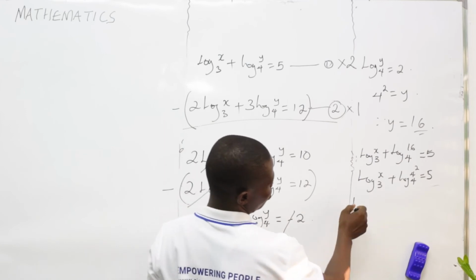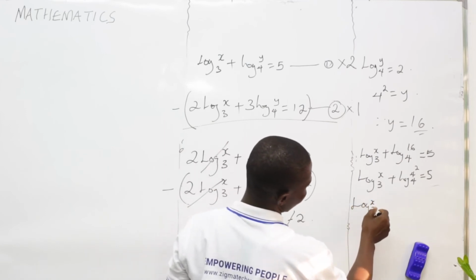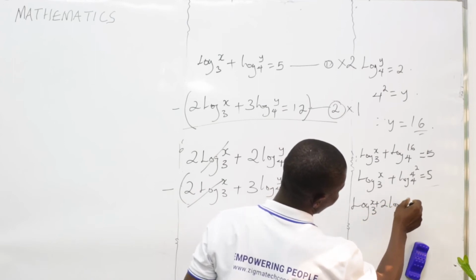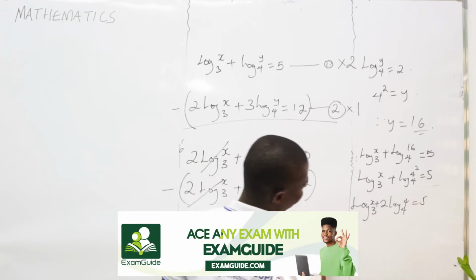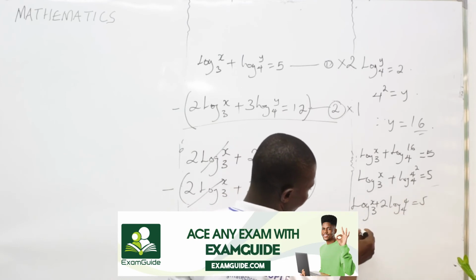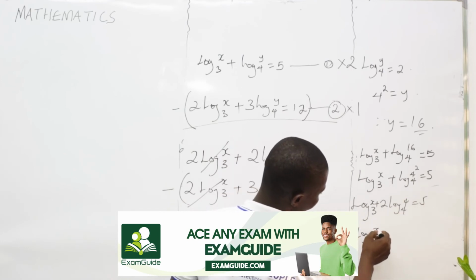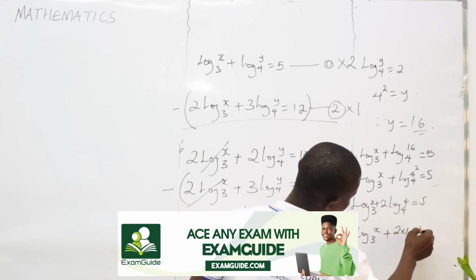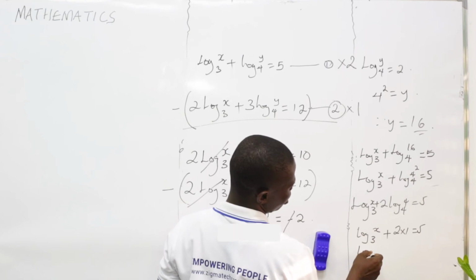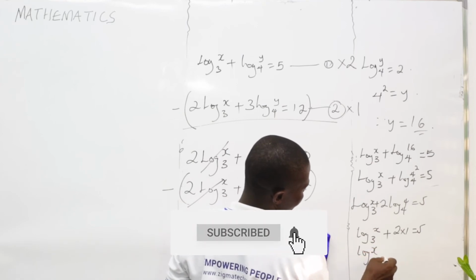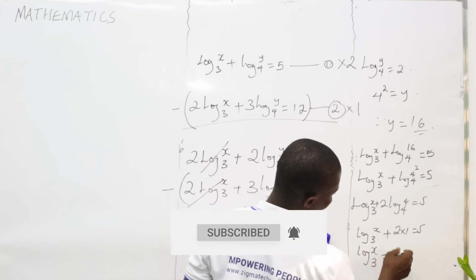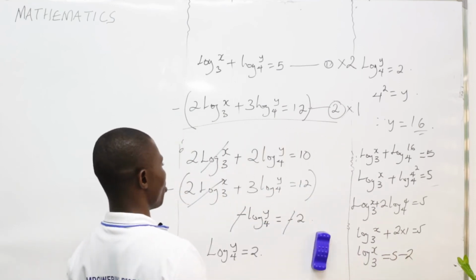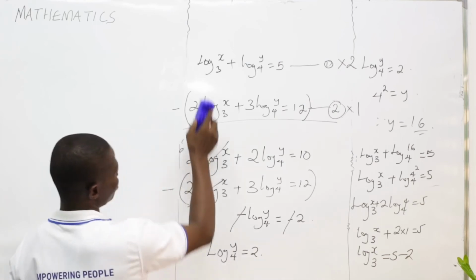So we'll have log x base 3 plus 2 log 4 base 4 equals 5. Here automatically is 1, as you can remember from the foundation of this. This is 2 times 1, so log x base 3 plus 2 equals 5. If you transfer the 2, minus 2.